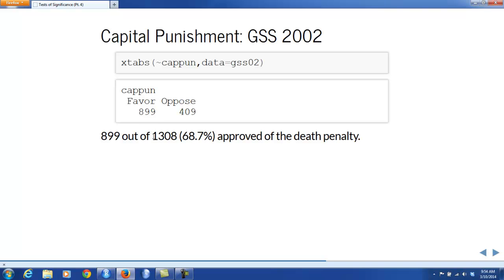That total is 1,308. Now, 899 out of 1,308 is 68.7%. So that would have been our estimate for the year 2002 of the proportion of people in the population who approved the death penalty.